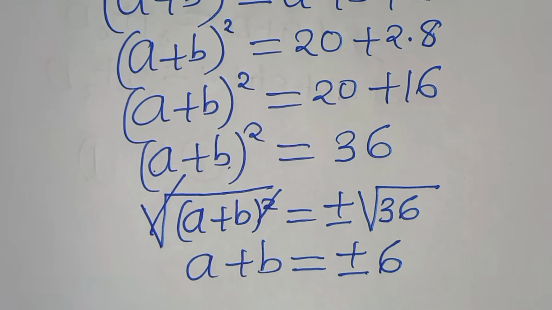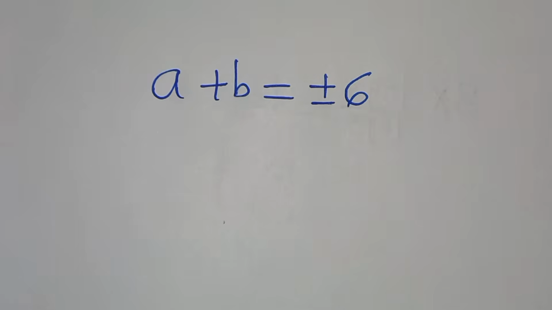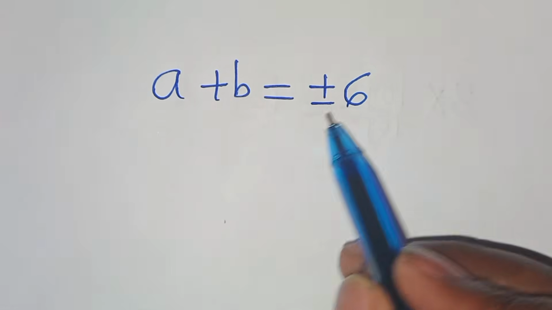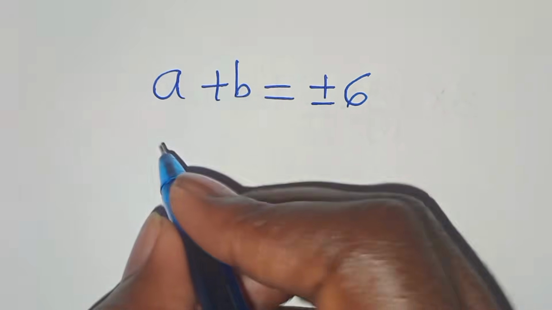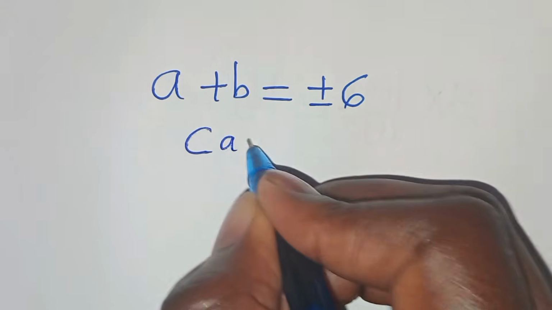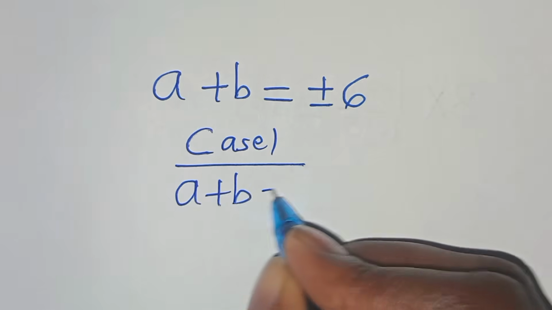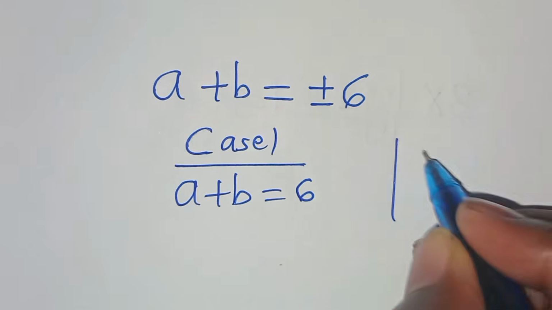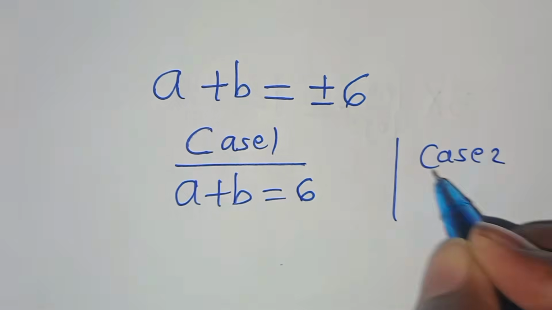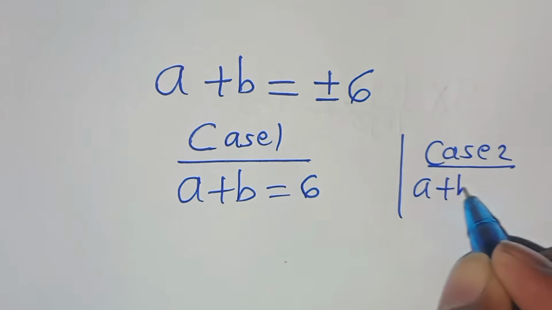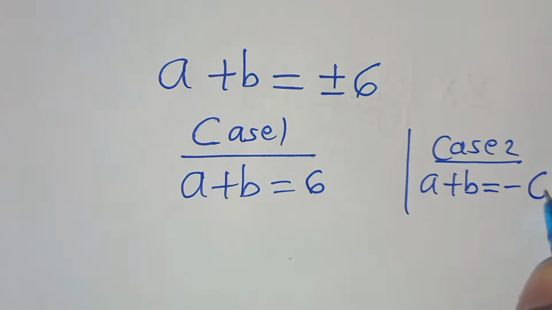Now, this means that we have two cases here. Case 1, we have a plus b equal to 6. And in case 2, we have a plus b equal to negative 6.